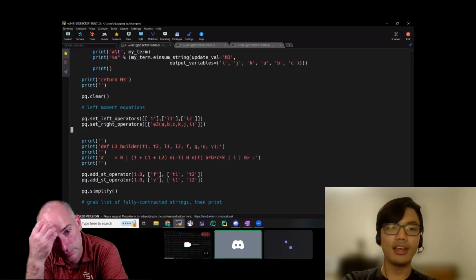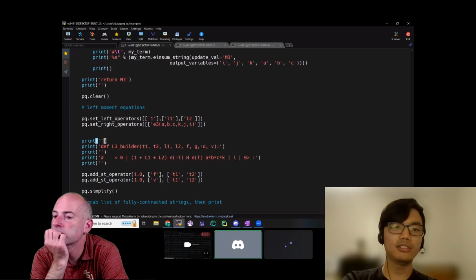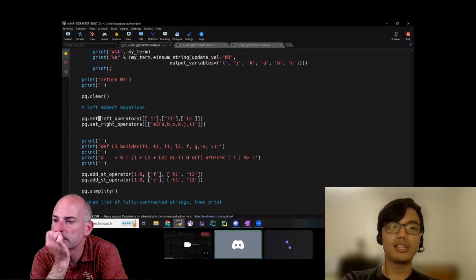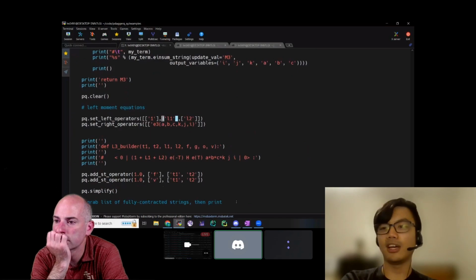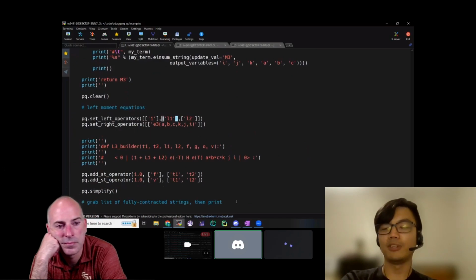And then for the left moment equations, now we need to set the left operators as 1 plus lambda 1 plus lambda 2. So you can set that by using 1, L1, and L2. And I'm going to double check this with you, Eugene. I think I have to separate 1, L1, and L2 with their own square brackets, because otherwise it will also add product terms.